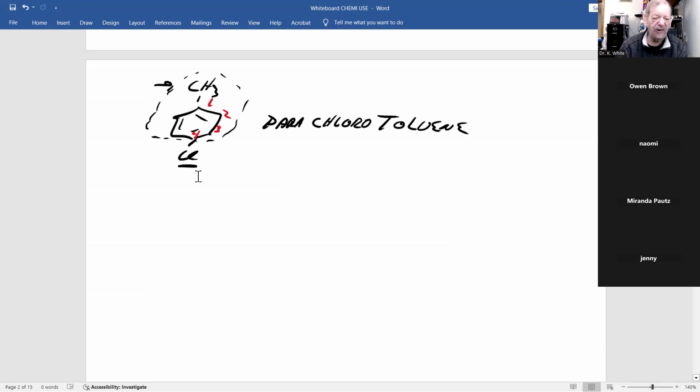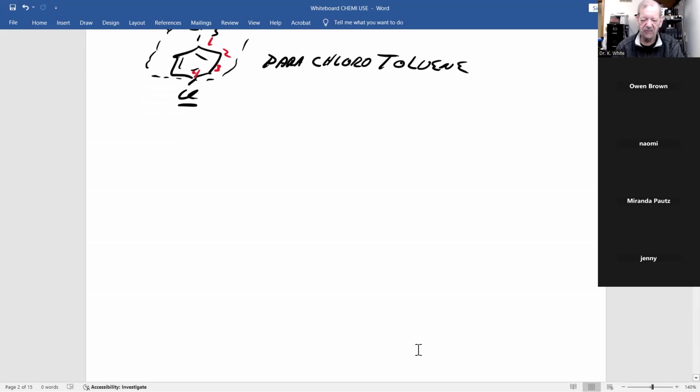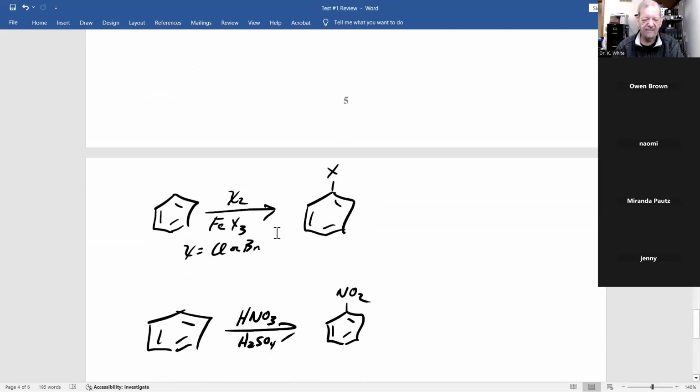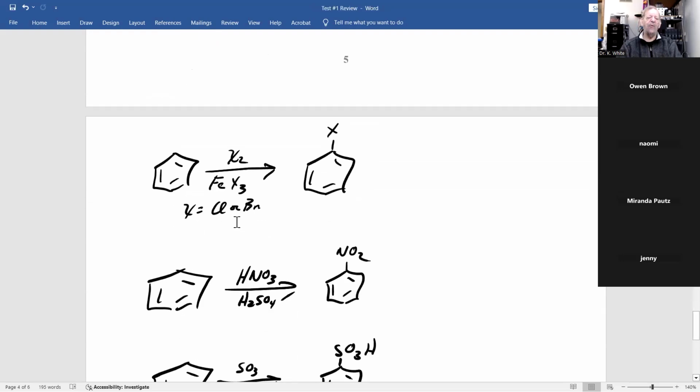Now, if you have more than 2 groups, use the regular numbering. And I showed you in the video, like 2,4,6 trinitrotoluene, which is also known as TNT, an explosive. Now, one of the problems with a benzene ring is the double bonds make it very stable.